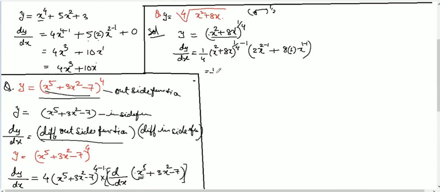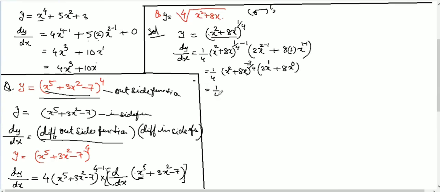Write down here 1 over 4, then x square plus 8x to the power 1 over 4 minus 1 will give you minus 3 over 4. Then inside the bracket 2x to the power 2 minus 1, which will be 1, plus 8 multiplied by 1, 8. x to the power 1 minus 1 will be 0.